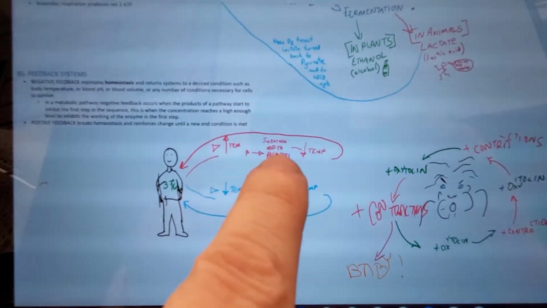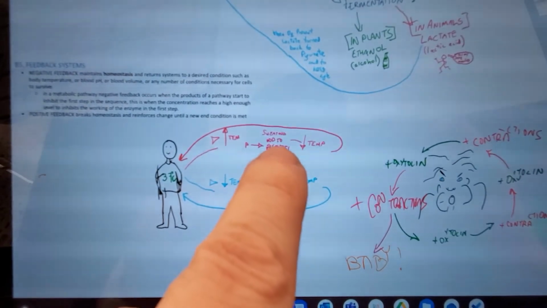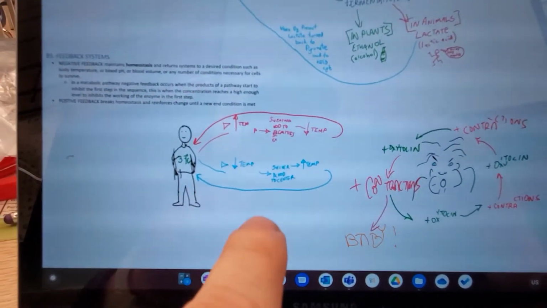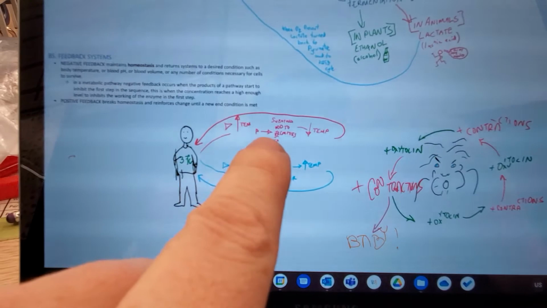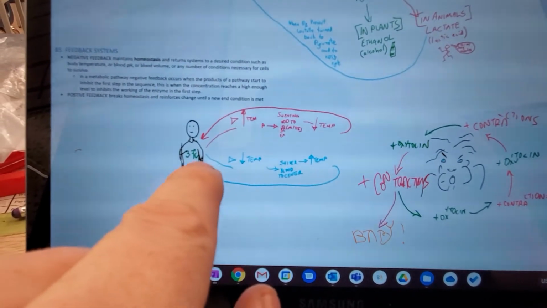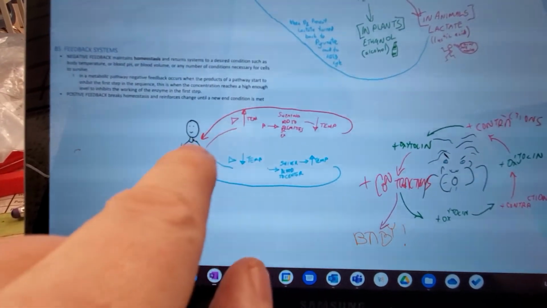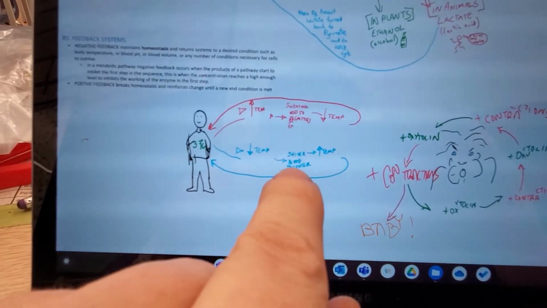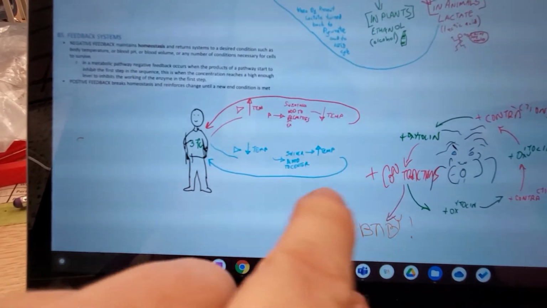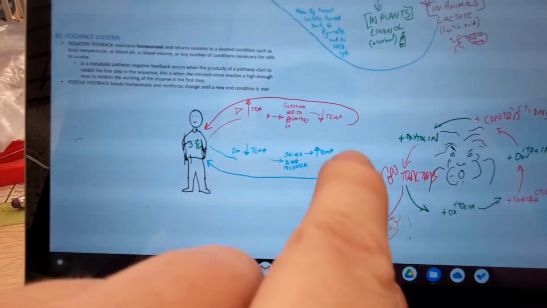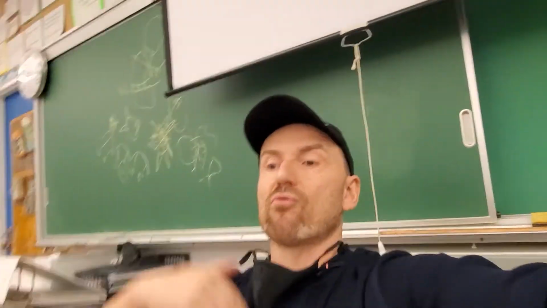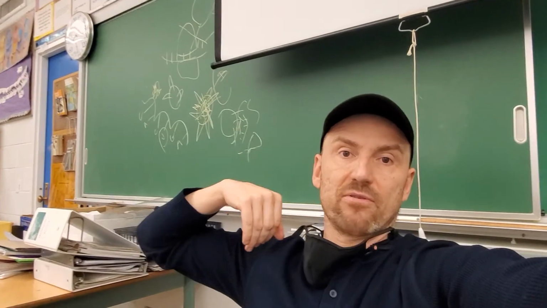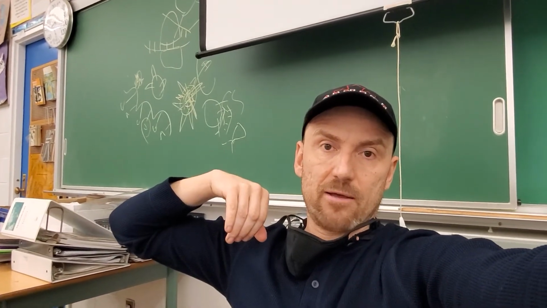So you start to sweat, your blood goes to the extremities to cool down, and your temperature starts to drop. Okay, and that's a feedback system. If you start to get too cold, you start to shiver, blood goes to your center, and you start to heat up. So these are negative feedback systems. Basically, the product of one inhibits the previous step in a metabolic pathway.